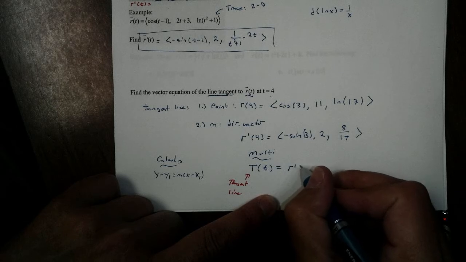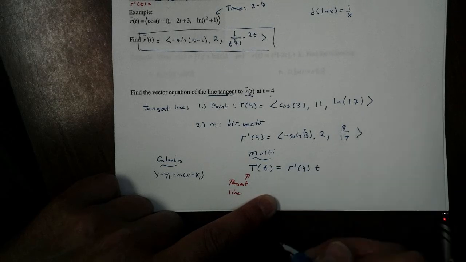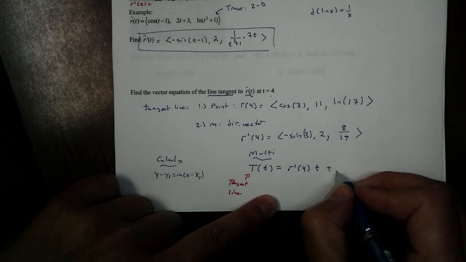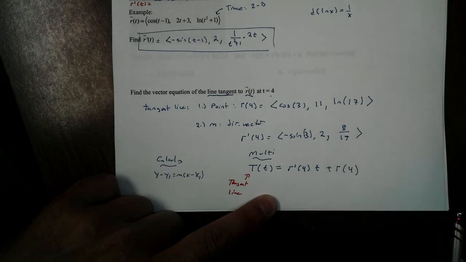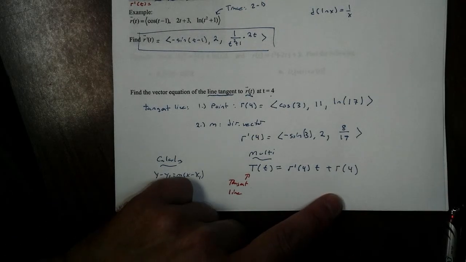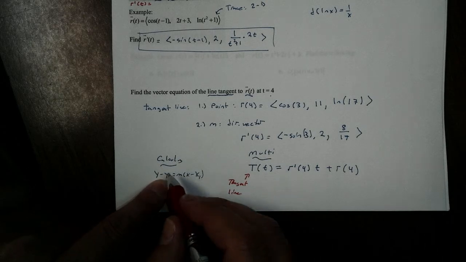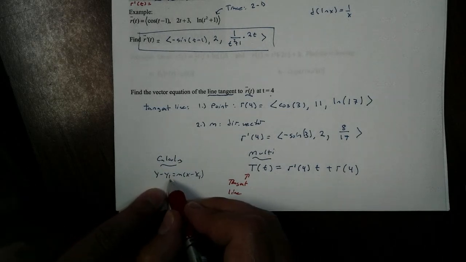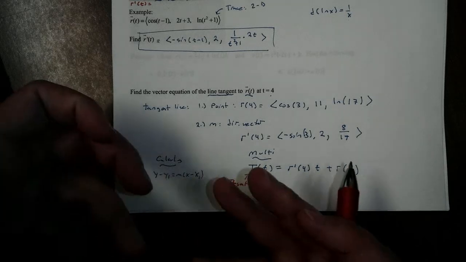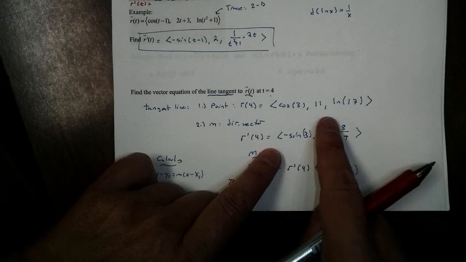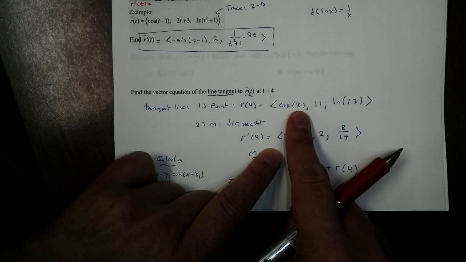It is going to be the slope at 4 times t, plus the original point, our starting point. It is kind of the same here. The only main difference is our starting point is basically 0, because remember, if we think in component form, we're starting at the origin.